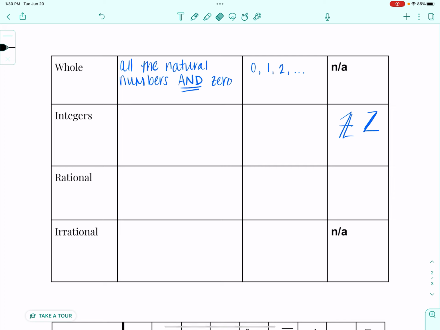Integers were all the negatives. All the negative whole numbers. All the positive whole numbers.